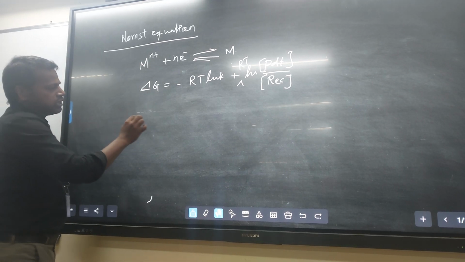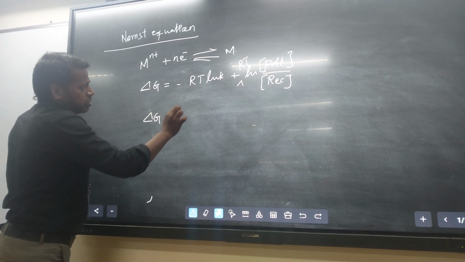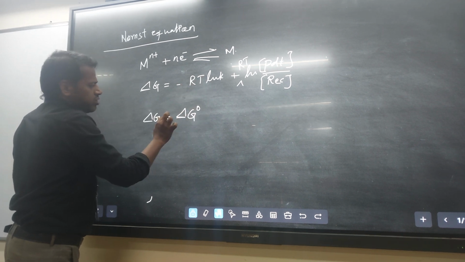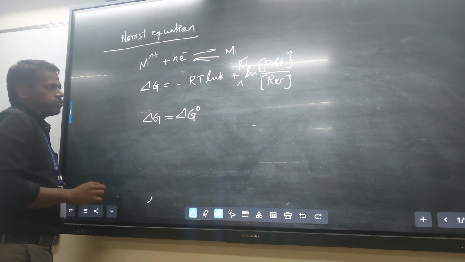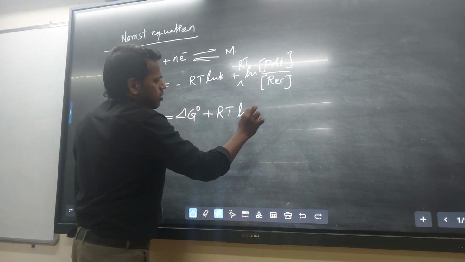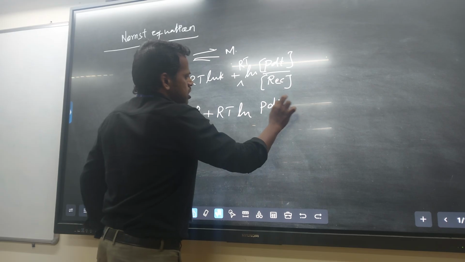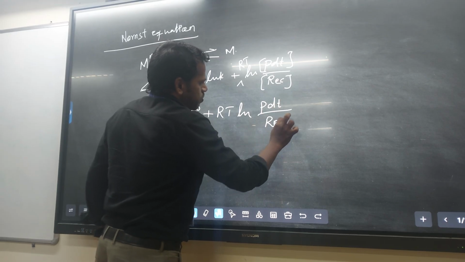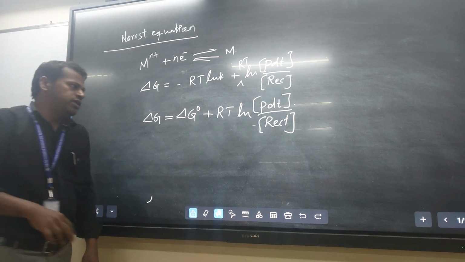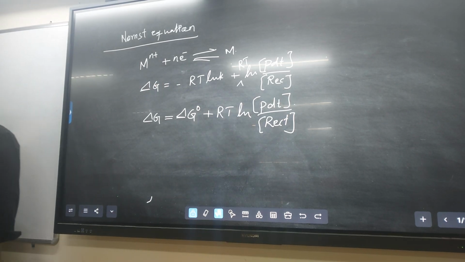If you simplify this equation, delta G equal to delta G naught, that is standard free energy, delta G naught. Delta G equal to delta G naught plus RT ln product by reactant, right?